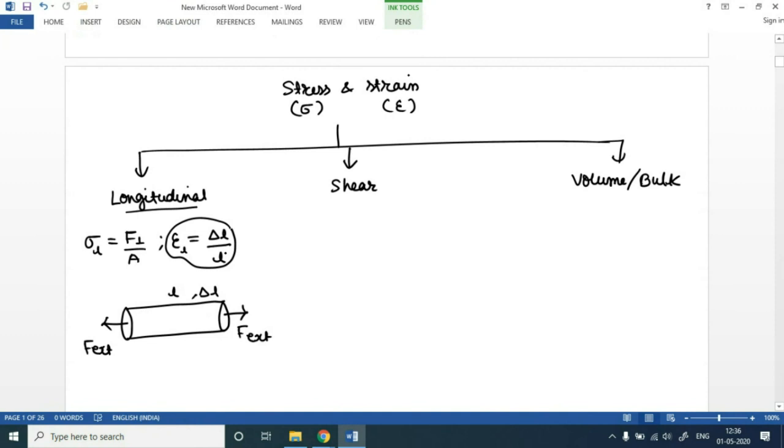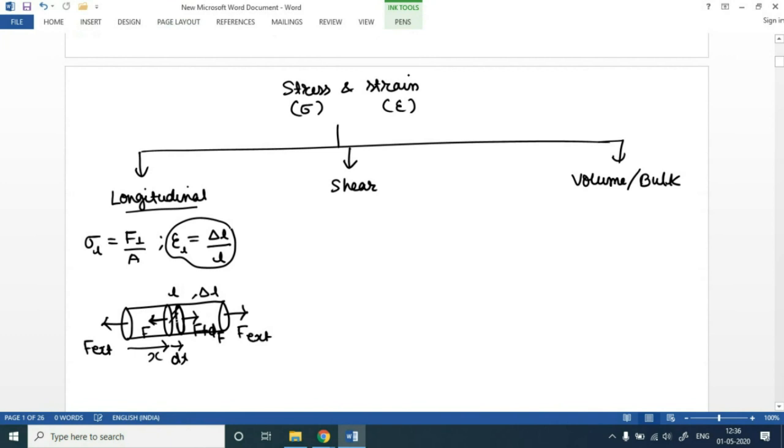You should also realize that this change in length will cause any element of this wire to experience some stress. There would be some restoring force. Let's say this element will experience force F, and let's say this is x, and this element is dx. So this would be F, and this is F plus dF, and so on.